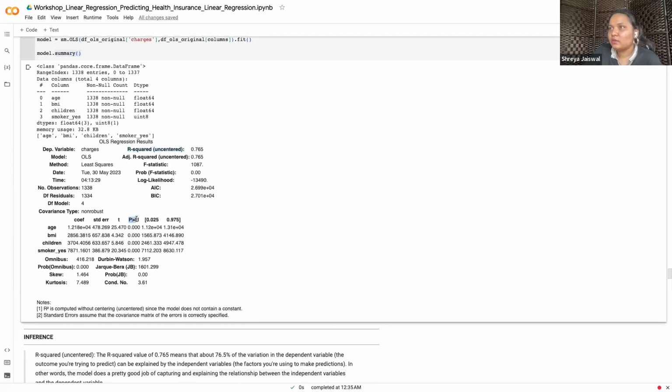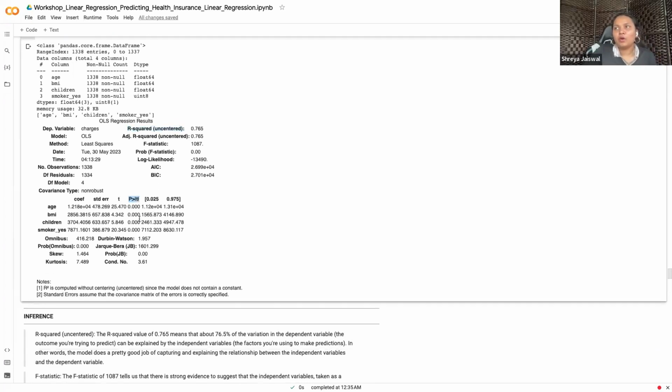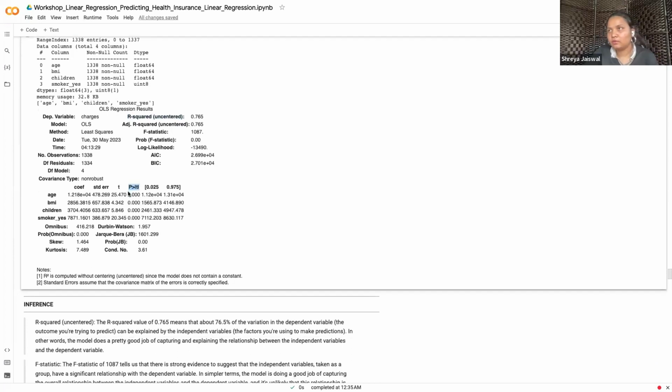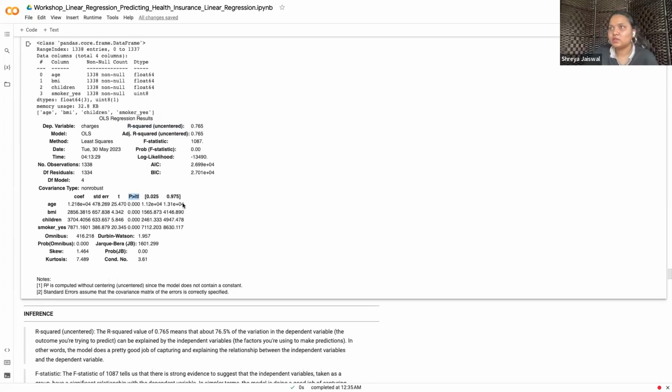Now I would also talk about the F statistic and the p-value. I'm not sure if you are aware of the null hypothesis and the alternate hypothesis. The null hypothesis says to assume that there is absolutely no relation between my independent and the dependent variable.